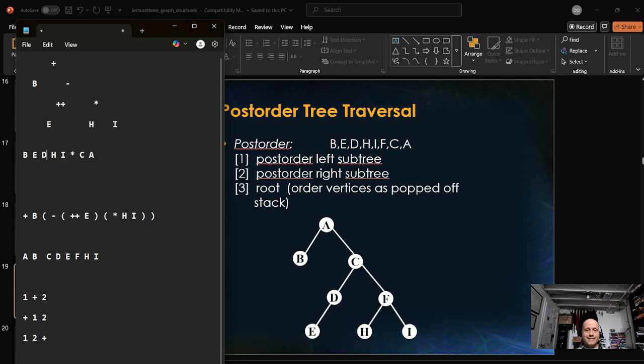And the D is going to be the plus, right? And then make sure you get this right.